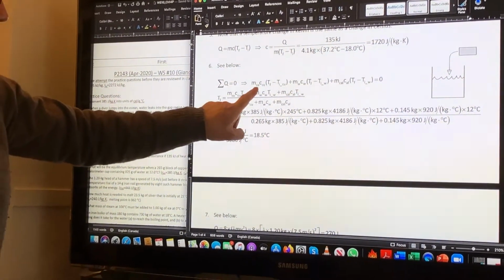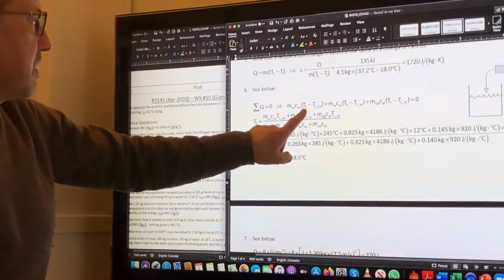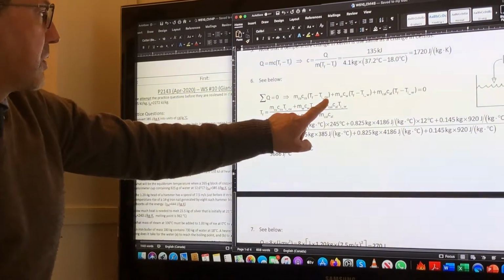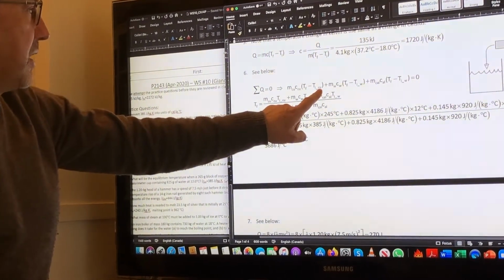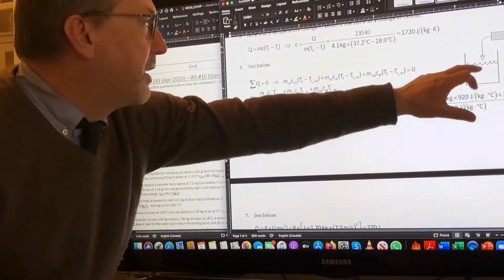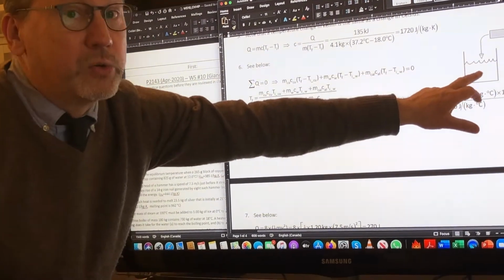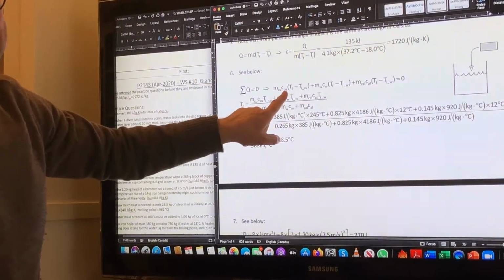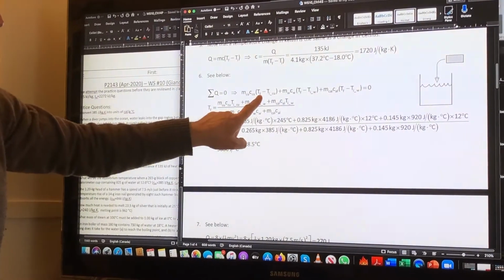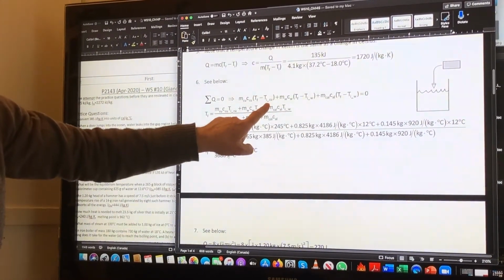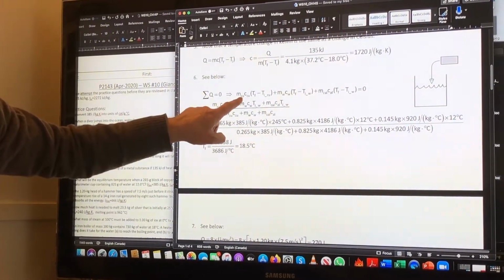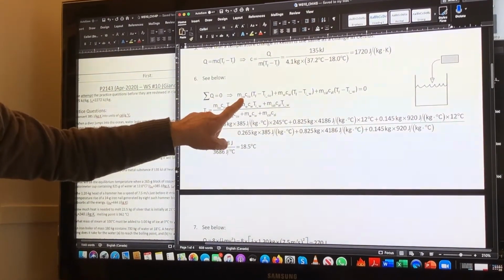Mass of the copper, specific heat of the copper, final temperature minus the initial temperature of the copper. Right, now if you think about it, the copper is going to cool down. This term is negative, isn't it? Because TF is smaller than TI. So the negative indicates that heat comes out of the copper.